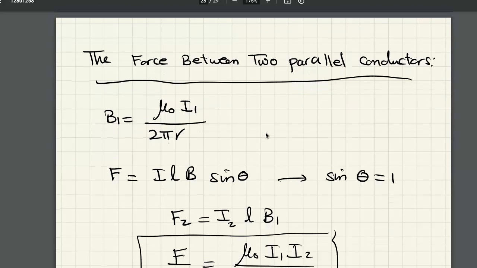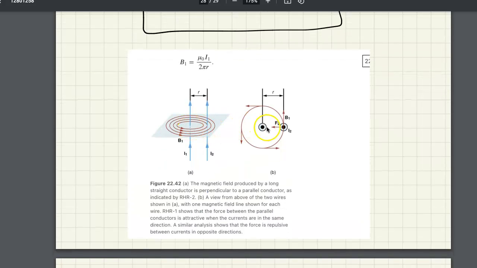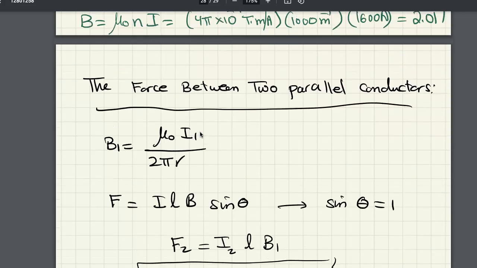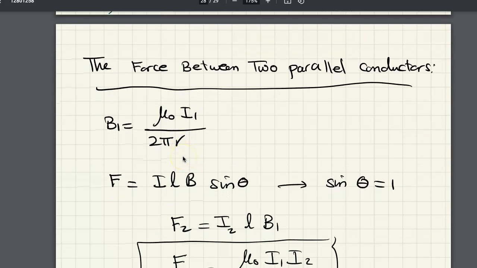The last thing here is about the force between two parallel conductors. If we have two wires next to each other, then one of them is going to create a magnetic field B1 that can be measured as mu0 I1 divided by 2 pi r, and it is going to act on the other one by a force that can be calculated as I2 L B1.